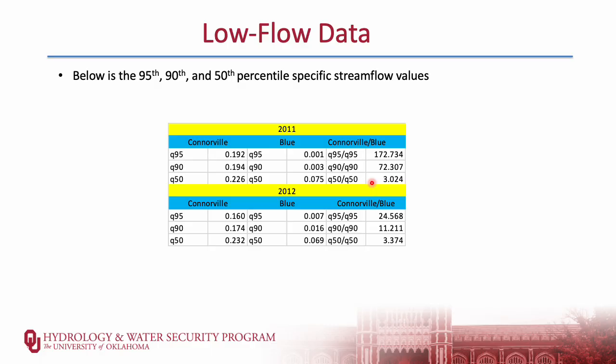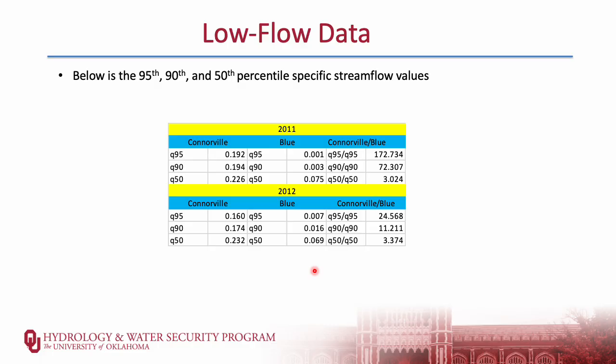And just to quantify the difference, I divided the 95th percentiles by each other. So I divided the Connerville Blue River discharge by the Blue River discharge in Blue, Oklahoma, and the 95th percentiles, the Connerville location had a 172 times higher specific discharge than the Blue, Oklahoma location in the lower Blue Basin. And if we move down to the 2012, the difference is not as drastic, but there still is a pretty good difference between the two.